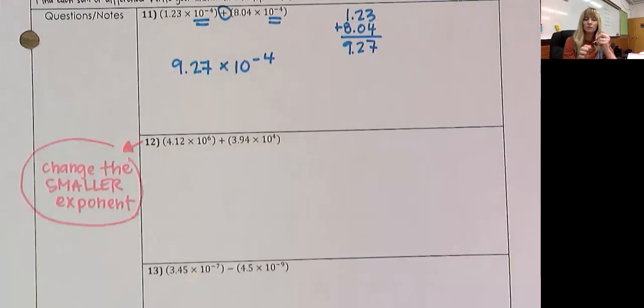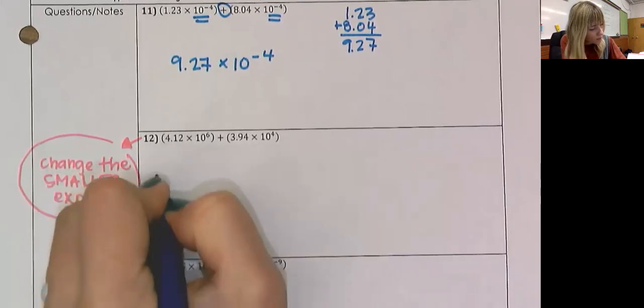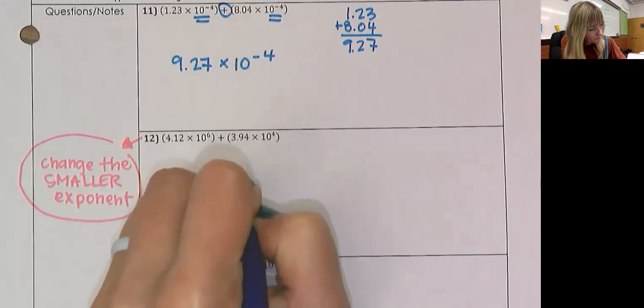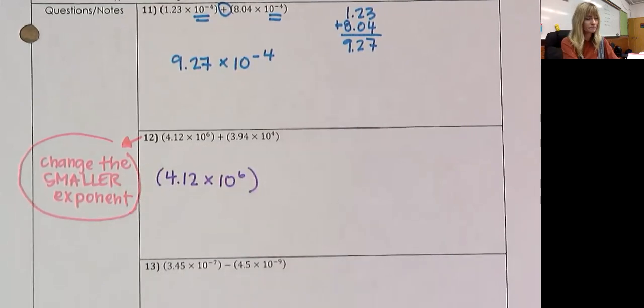And really the only reason for that is because if you change the smaller one, then your answer is more likely to be in scientific notation when you're done. You just usually save yourself a step. So I am going to copy the bigger one because I'm keeping the bigger one, okay?